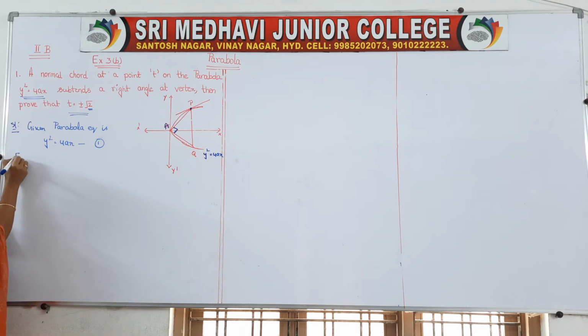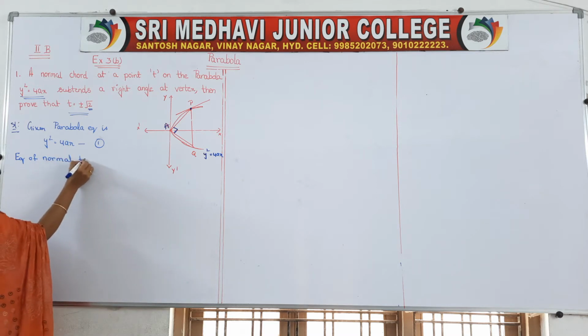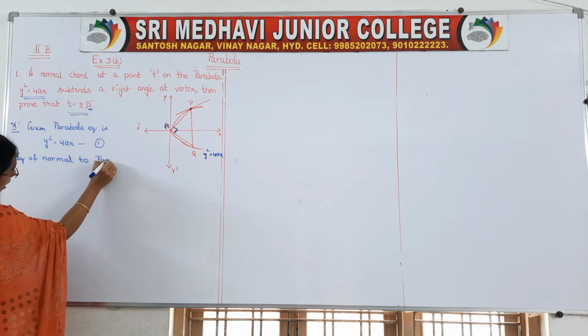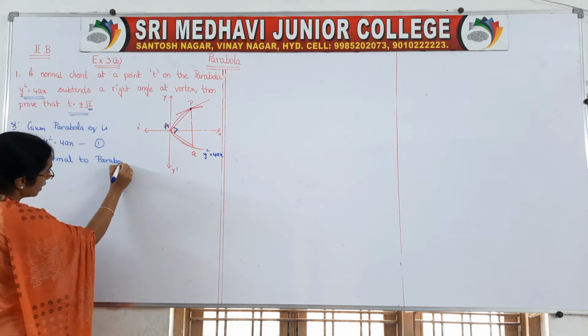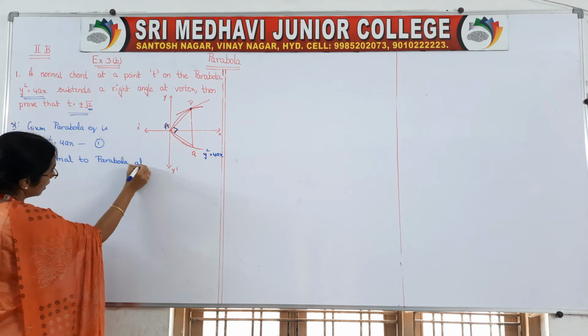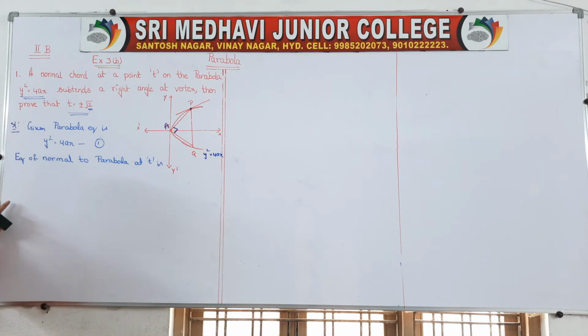Next, the equation of the normal to the parabola at t. It is mentioned in the question at t, that means your normal is in terms of t, not in x1, y1 regular form, it should be in parametric form.